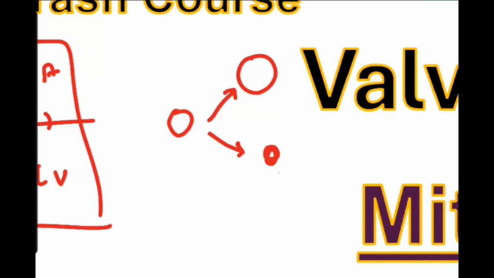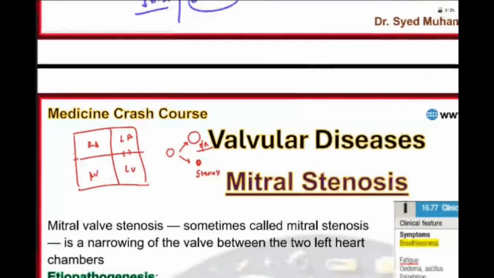If the lumen becomes narrow, we call it stenosis. If the lumen becomes large, it is either prolapse or regurgitation, depending. Early cases, prolapse. Regurgitation, late cases. Regurgitation means the valve is not functioning at all. We'll talk about this.